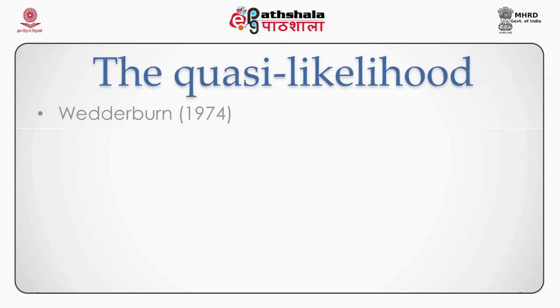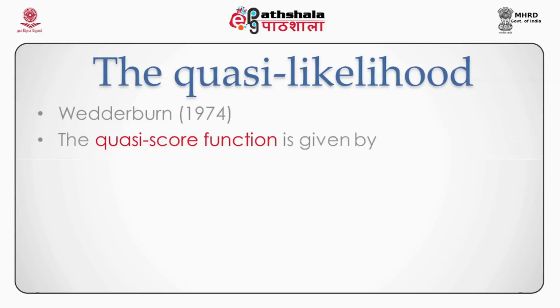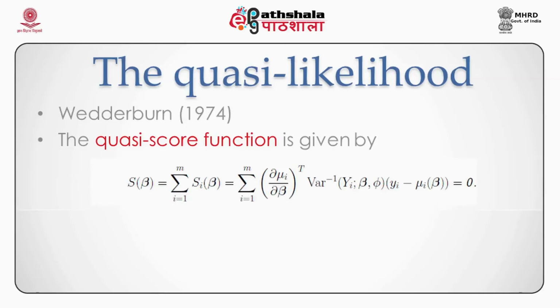We defined the quasi score function given by S(beta) equal to summation i equal to 1 to m del mu del beta transpose, variance inverse, (yi minus mu i of beta) by phi, equal to 0.